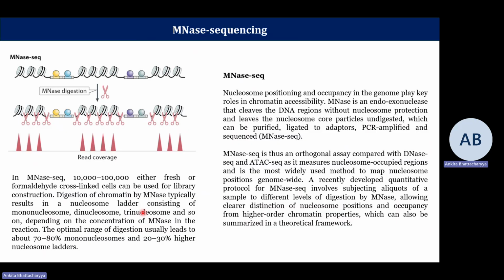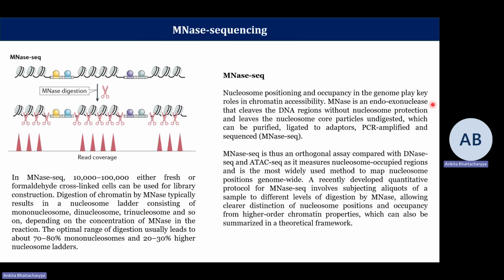The digestion of chromatin by MNase typically results in a nucleosomal ladder, which consists of mono-, di-, and trinucleosomes and so on, depending on the concentration of MNase. Usually that gives around 70 to 80% mononucleosomes and then higher order nucleosome ladders as well.